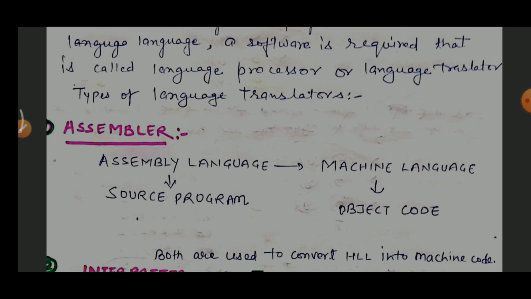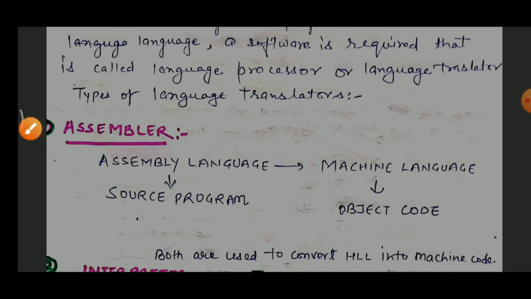The job of the assembler is to convert any program that is written in assembly language into machine language only. That means the assembler only converts assembly language into machine language. It does not convert any other program.